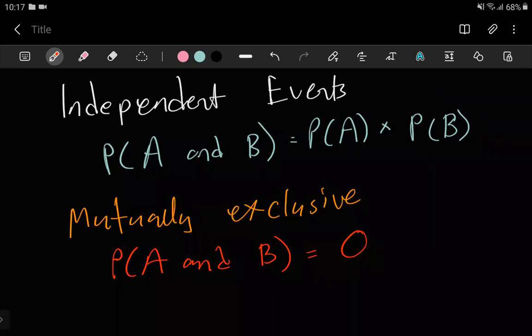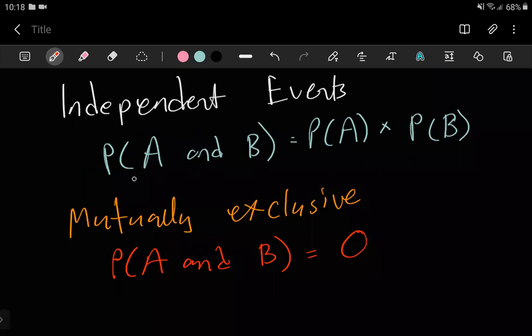For example, as we said, as long as the numbers balance these formulas, it will tell you what kind of event you're dealing with. So normally in a question, they'll give you different pieces of information. They will give you, for example, the probability of A happening, and then the probability of B happening. Once they have done that, they can then ask you, are these events independent? And then you would need to know, okay, for me to test whether they're independent or not, I need to multiply them together and see if the answer I get is equal to the probability of A and B, because these are the numbers that would have been given to you.